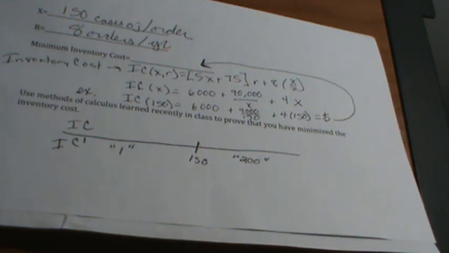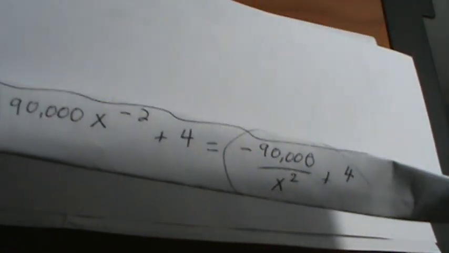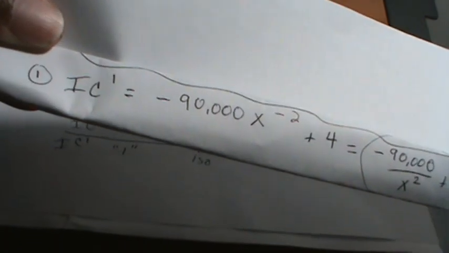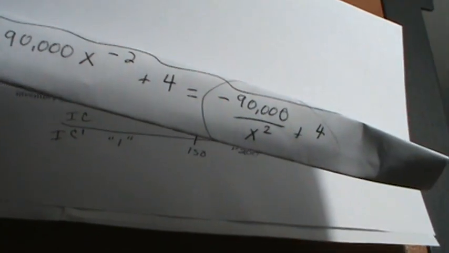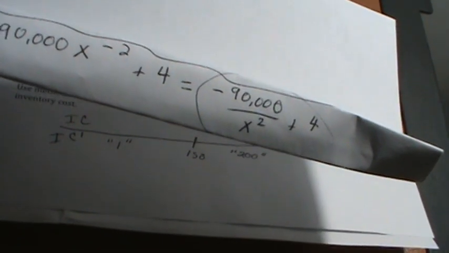You can just scroll, take your finger and follow up until you see IC prime. Here's my derivative when I did my first derivative test. Take the derivative, step 1, and at the very end is my rewrite of IC prime. So I'm going to use that.